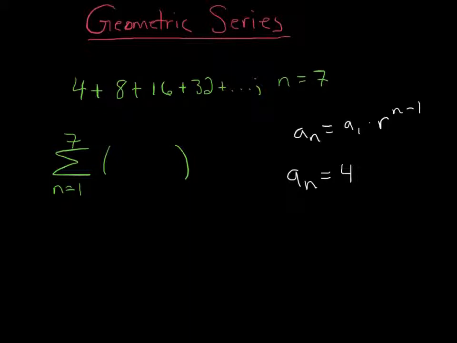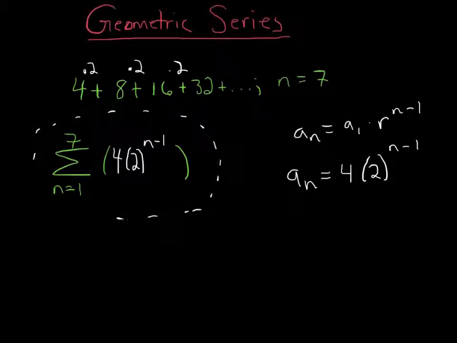Well, 4 times 2 to get 8, 8 times 2 to get 16, times 2 to get 32, so my ratio is going to be 2. So I'm going to do 4 times 2 to the power of n minus 1, and that's good enough for my explicit formula. And there I have successfully written it in summation notation.